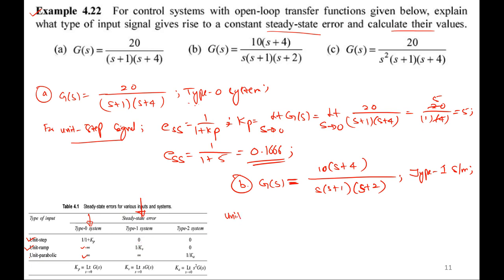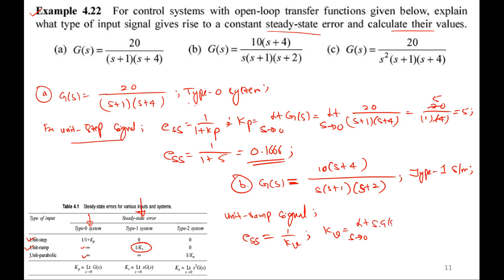So the signal is a unit ramp. What is the steady state error? ESS for a unit ramp signal is 1 by kV. So how to find kV? We know that kV is equal to limit s tending towards 0 of s into g of s.